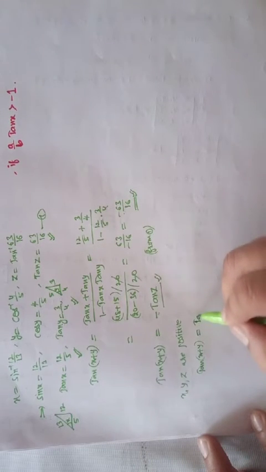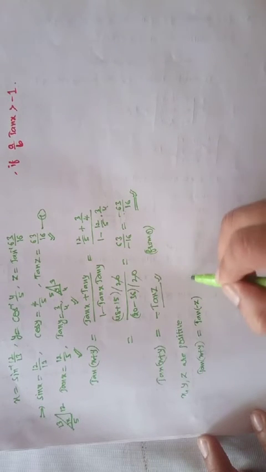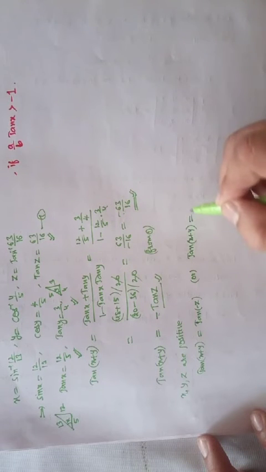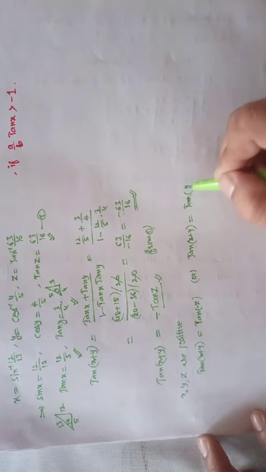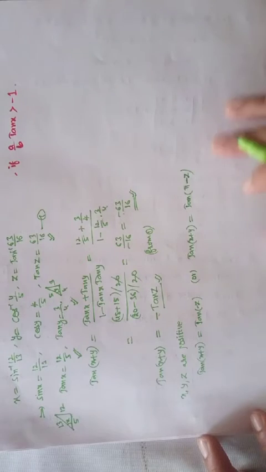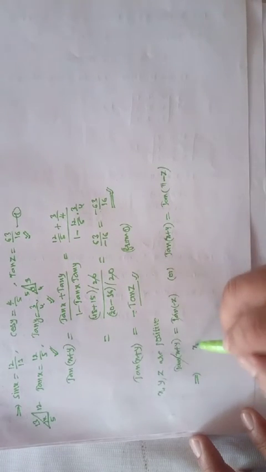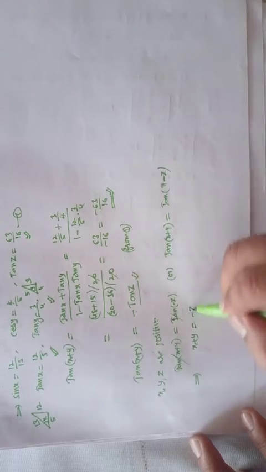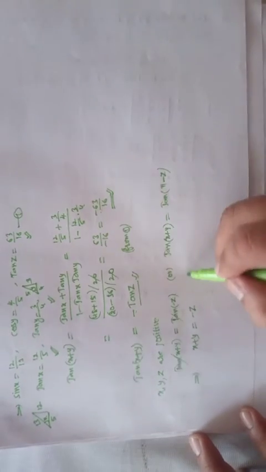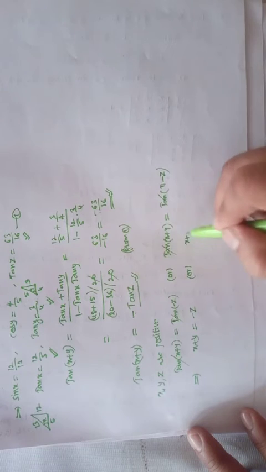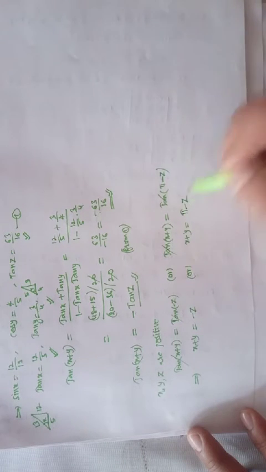First one is tan of minus z, or tan of x plus y is equal to tan of pi minus z. So this implies tan and tan both will cancel. X plus y is equal to minus z, or both tan will cancel, x plus y is equal to pi minus z.